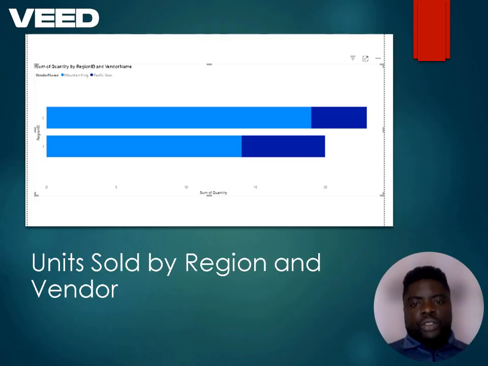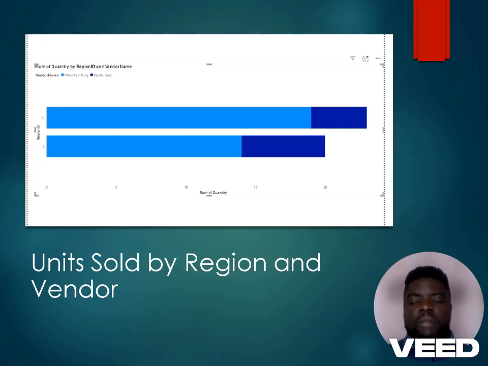We move on to our fifth slide, where we take the regional analysis a step further by incorporating vendor data into a stacked bar chart. In the Chicagoland region, the majority of sales come from Mountain King, which accounts for about 18 units, while Pacific Gear contributes around 4 units.